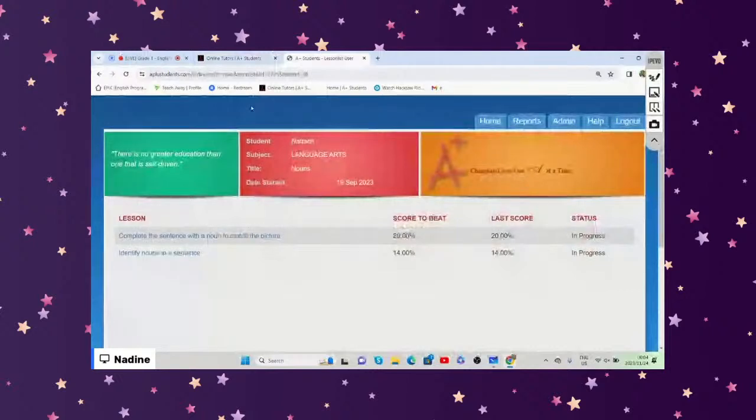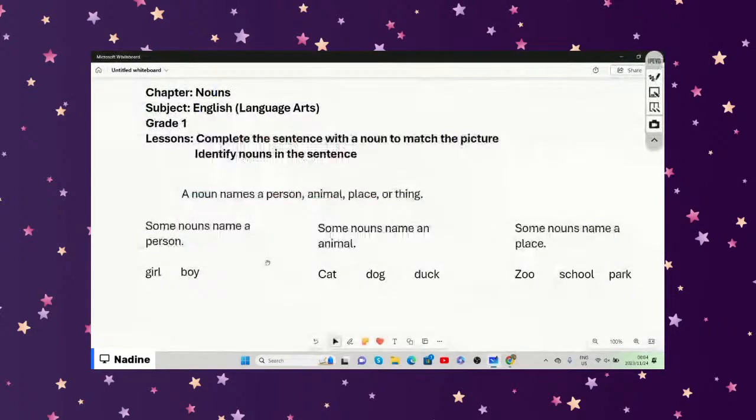So we're going to find out what nouns are, and we're going to discuss nouns with examples. Once again, our chapter is nouns. The subject is English, which is language arts, grade 1.